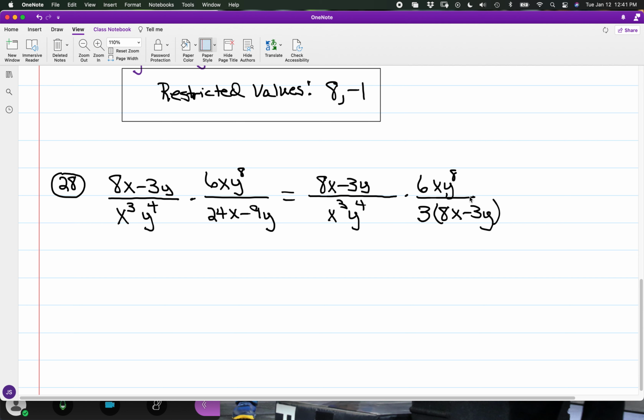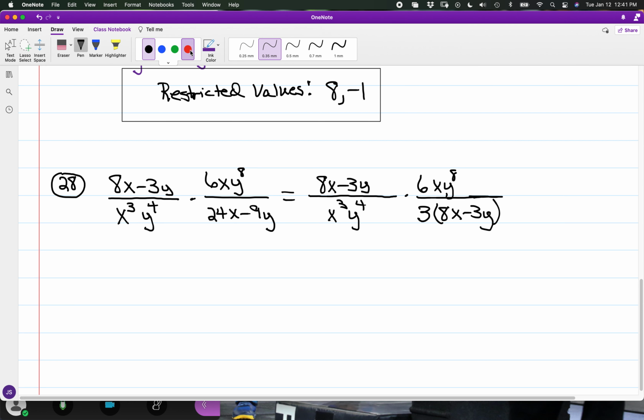And if you notice, 8x minus 3y is a factor of 24x minus 9y. And so we can cancel what we have here. Also, we can do this either before or after.